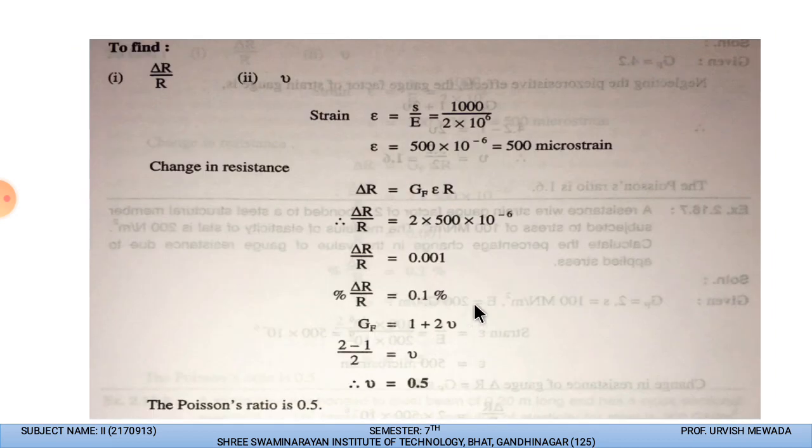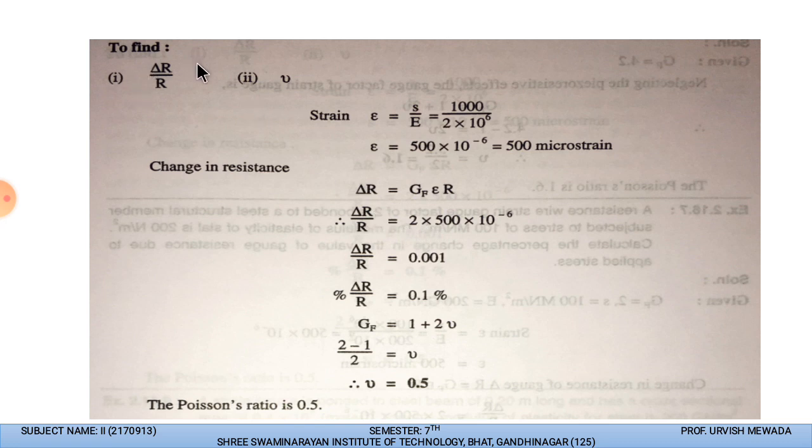Now epsilon is the strain that the gauge will have whenever the stress or strain is applied. So 500 into 10 raised to minus 6, and delta R, sorry, we put R over here, so we can determine delta R by R.